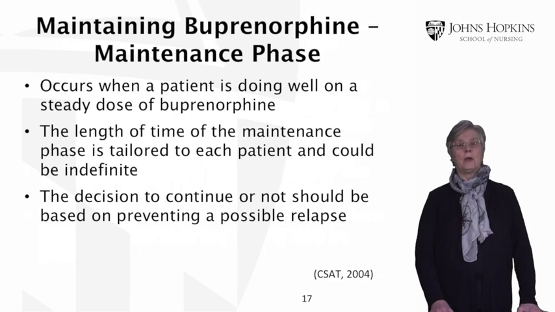The maintenance phase occurs when a patient is doing well on a steady dose, and the length of the maintenance phase is tailored to each patient and could be indefinite. The decision to continue or not should be based on preventing a possible relapse.